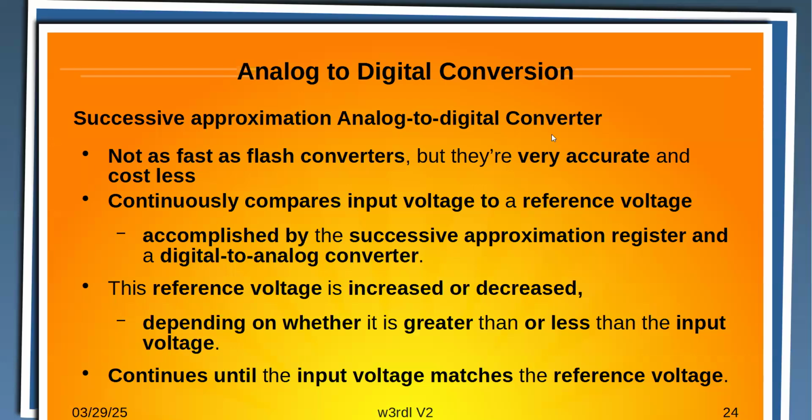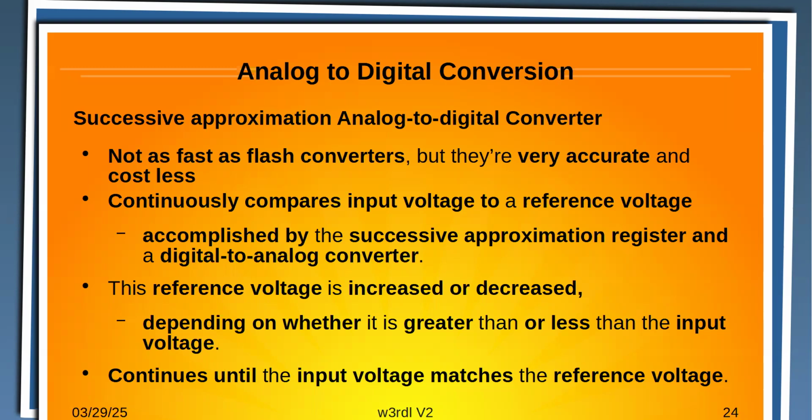And we'll talk a little bit about the successive approximation A to D. They're more accurate, but they're very slow. They're much cheaper. It doesn't take all those gates. It's a fairly simple configuration. And essentially it works by stepping through the number of bits, and you're looking at whether it's less than or greater than.